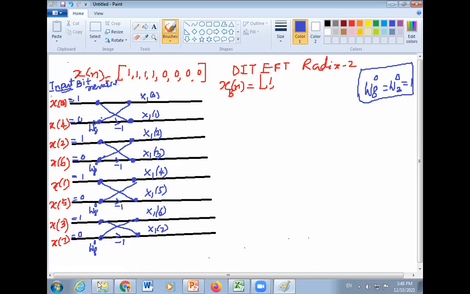Now let us calculate the stage 1 computation.